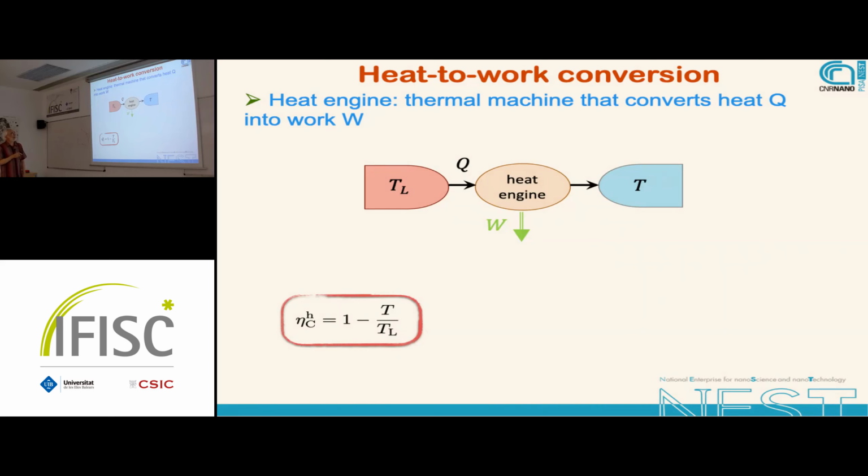A heat current will exit from the hot reservoir. A charge current will also be present. When this charge current goes against the applied voltage, we will get some power out of the system. This is the heat engine, which converts a heat current into, in this case, electrical usable work.